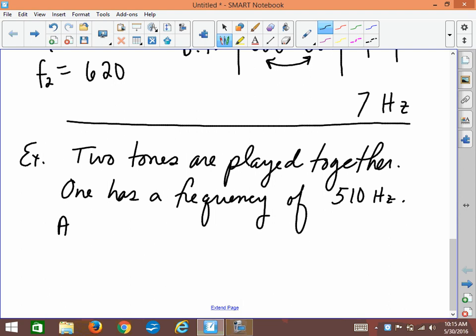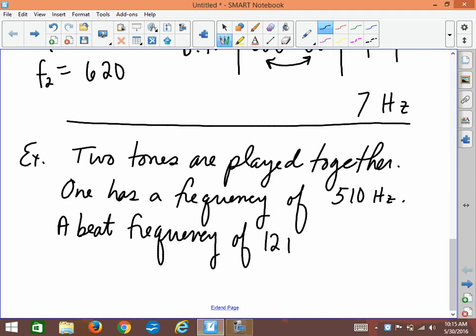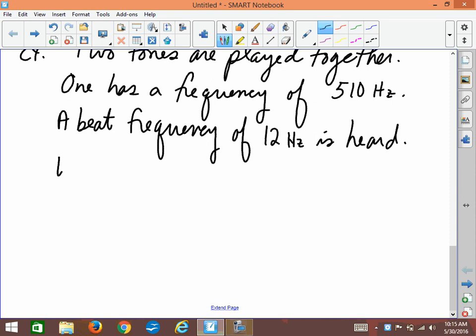A beat frequency of 12 hertz is heard. So the question is, what is the other frequency?